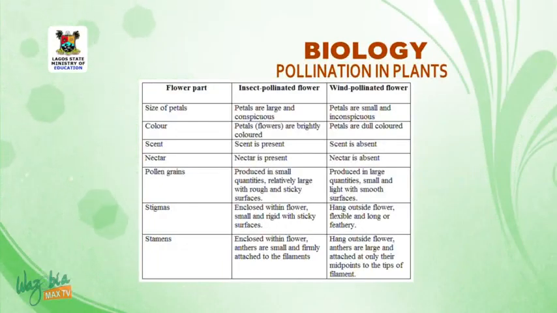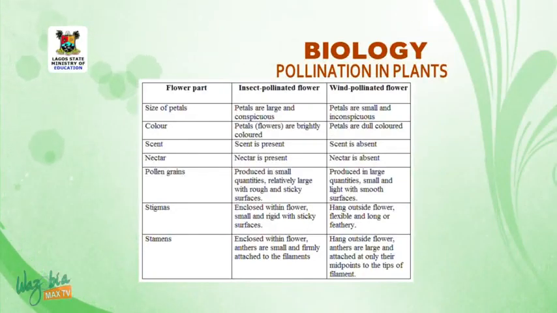Under flower part, stigmas. Under insect-pollinated, stigmas are enclosed within the flower. They are small and rigid with sticky surfaces. Under wind-pollinated, stigmas hang outside the flower. They are flexible and long or feathery.